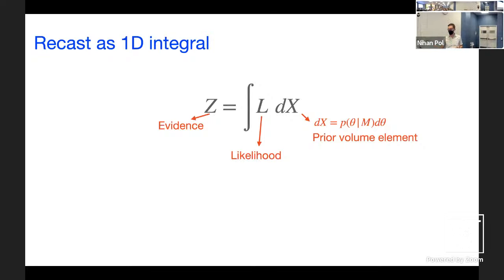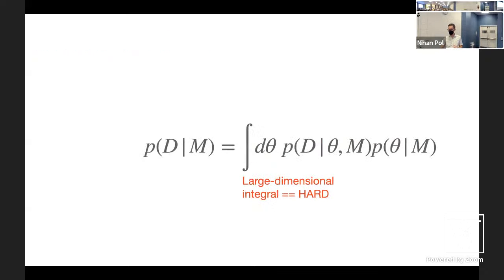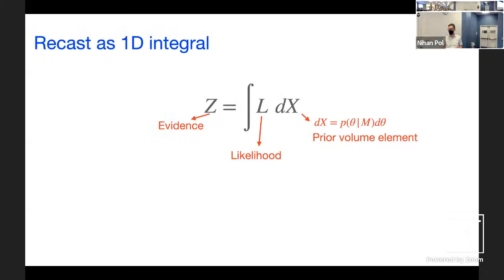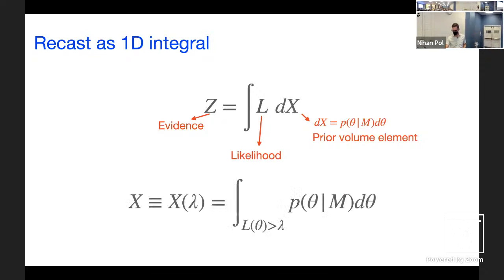So what used to be the evidence here is now going to be this capital Z. This capital L is going to play the role of the likelihood. And this volume element dx is the prior volume element. So it's the prior times d theta is this dx thing. Okay. Now this is a much easier integral to do, so we're in good shape.